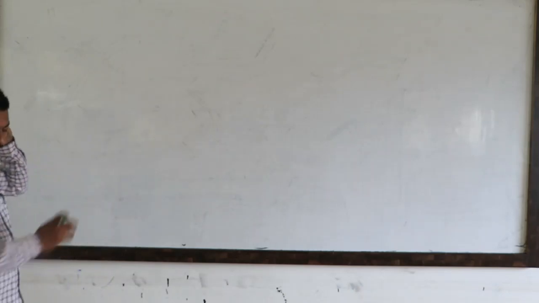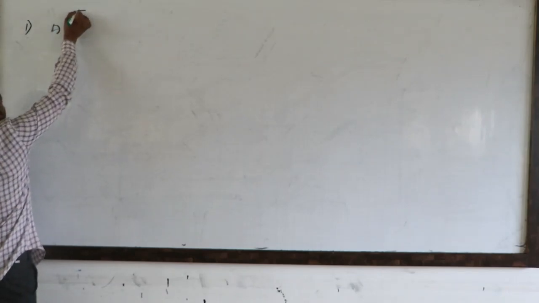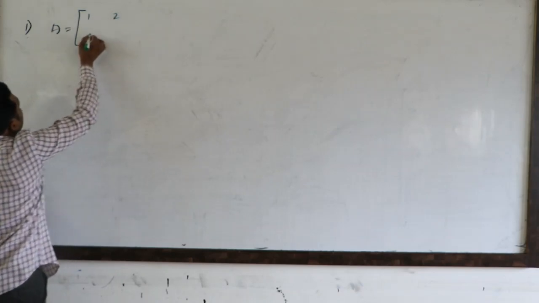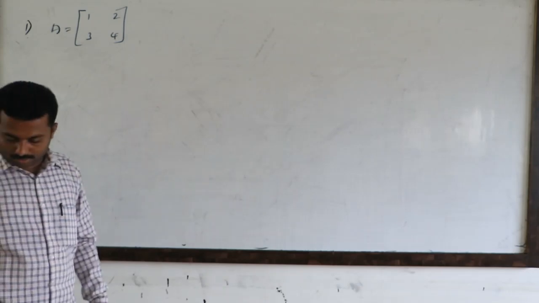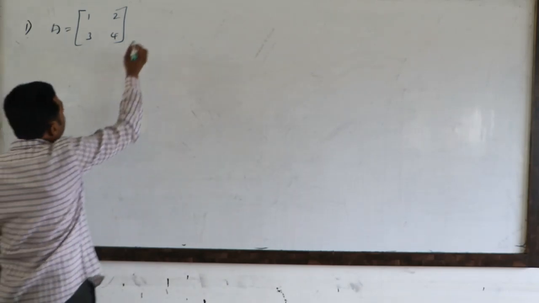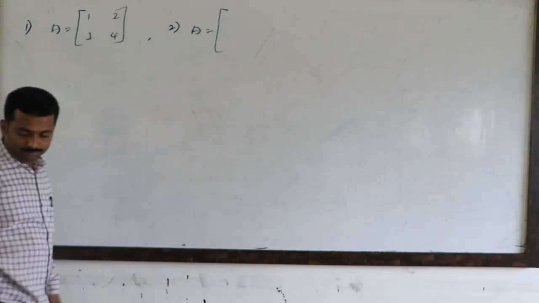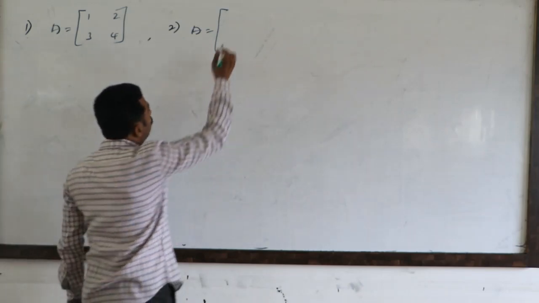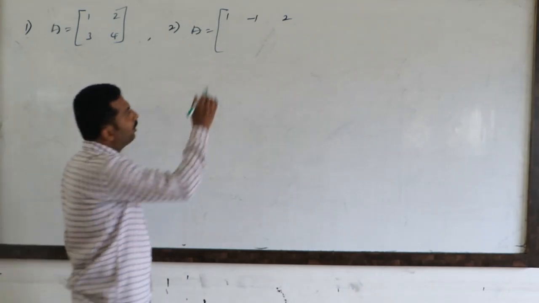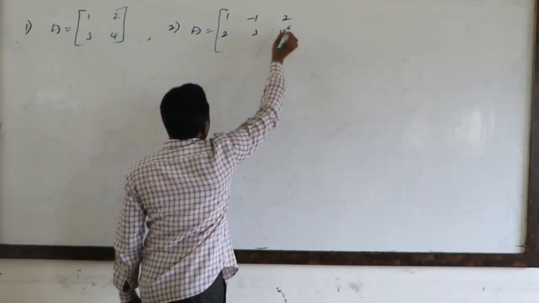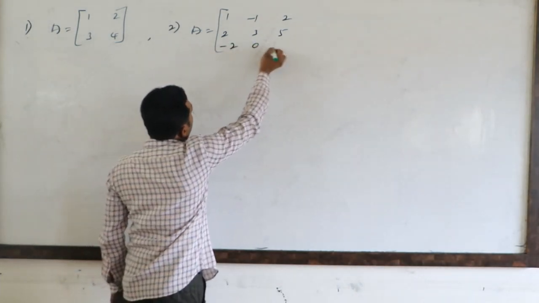Find the adjoints of, first question, this is homework to you. A equal to 1, 2, 3, 4. This is your NCERT textbook problem. Second one, A equal to 1 minus 1 2, 2 3 5, minus 2 0 1.